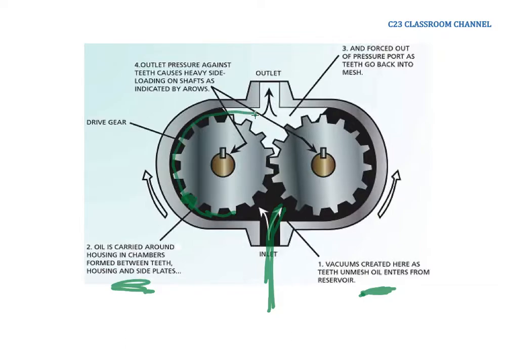Then at point number 3, it is forced out of the pressure port as the teeth go back into mesh. Because at this area the liquid is pressed by the teeth, it can go out at the outlet here. So this is the mechanism of the gear pump.